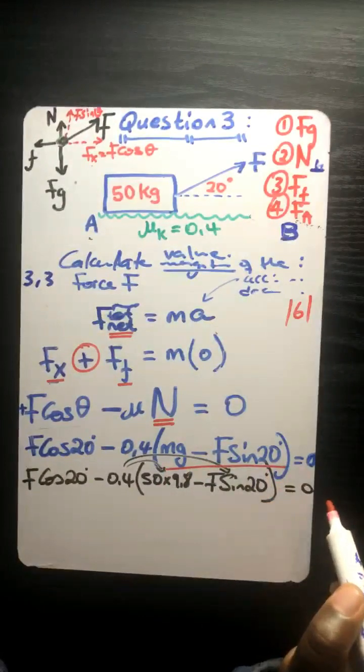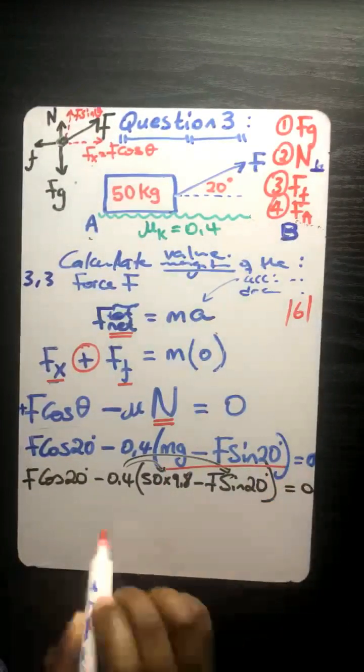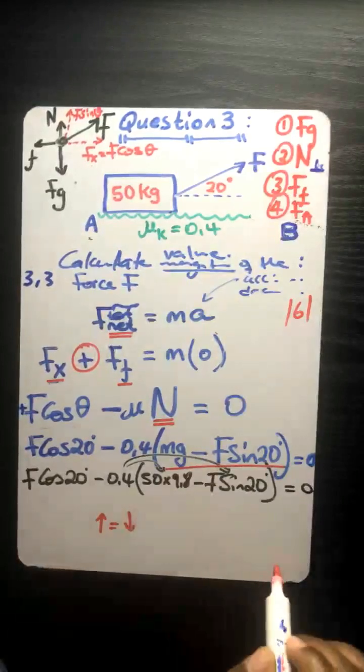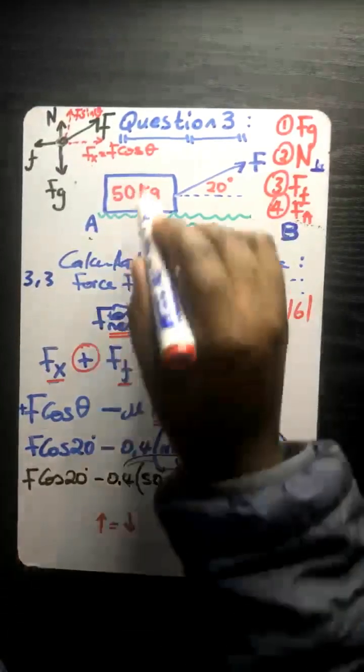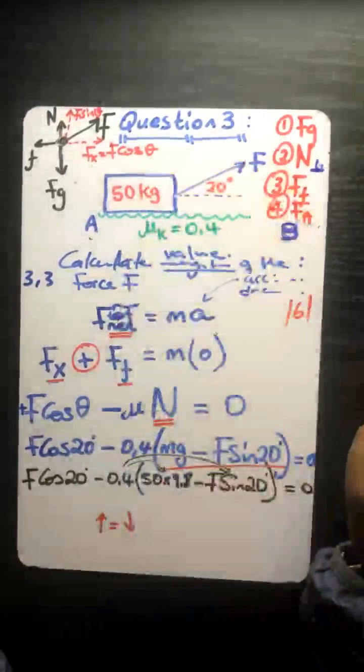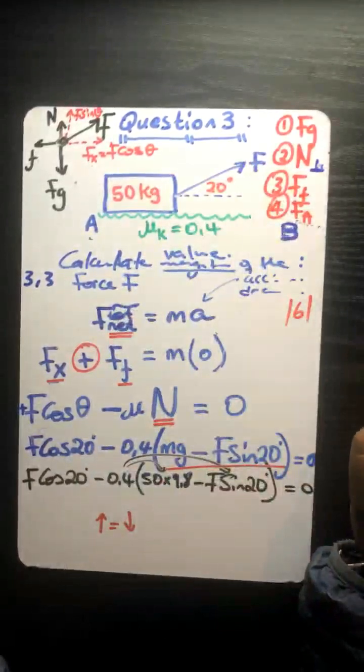I'm not sure if you remember, we're saying the upward forces balance with the downward forces because that object is not moving up and down. Do you remember this one? Yes, I remember that one.